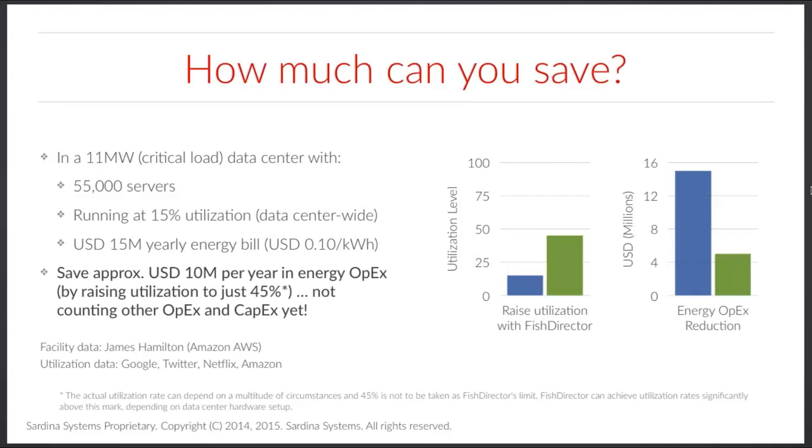By raising utilization to just 45%, which is by no means the top, we could save in the order of $10 million a year in energy. And we've seen this type of multiples before.